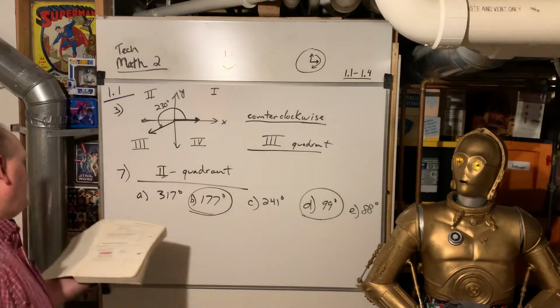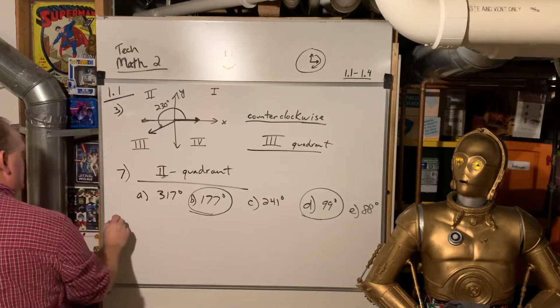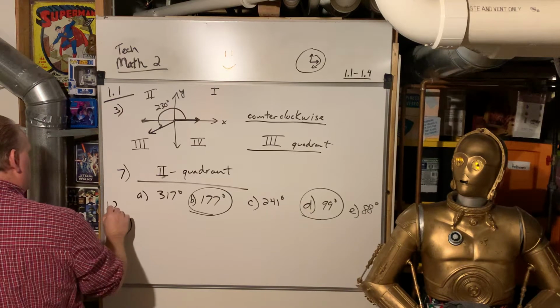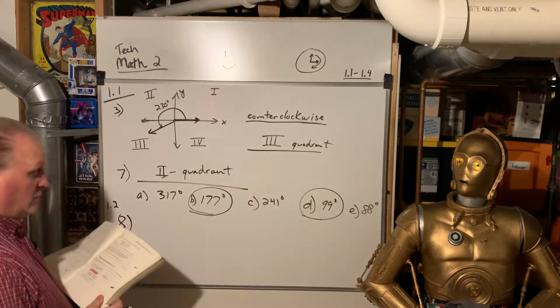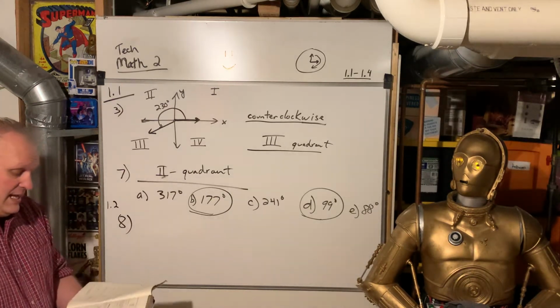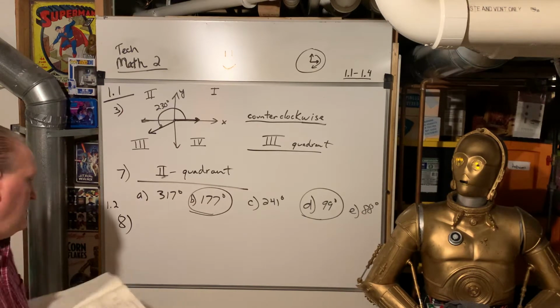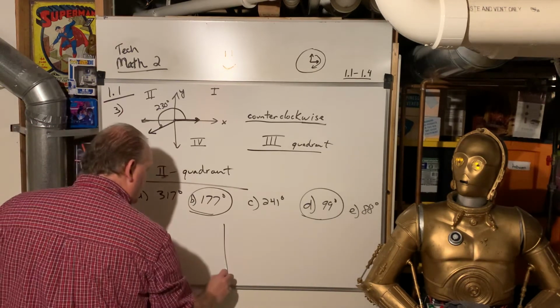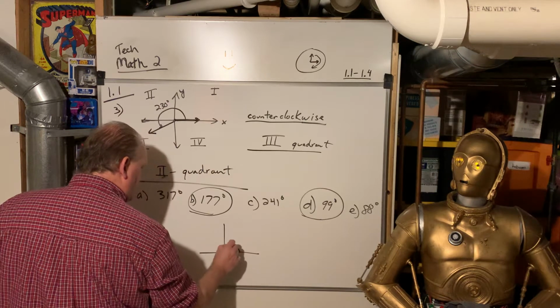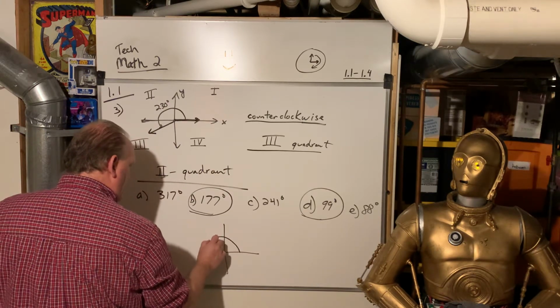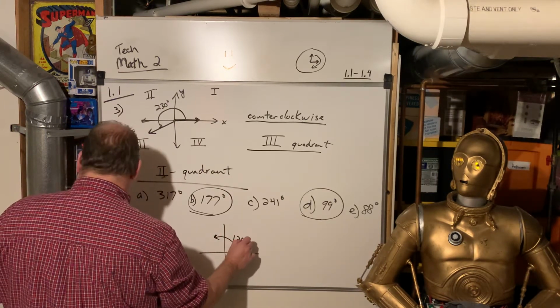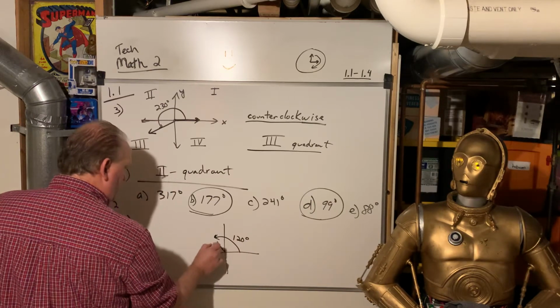Let's look at reference angles, number 8. So this is 1.2. We're still on page 3. So number 8, it says, how large is alpha for a reference angle? Okay, so look, they have this graphed 120 degrees in standard position. So that's my angle.